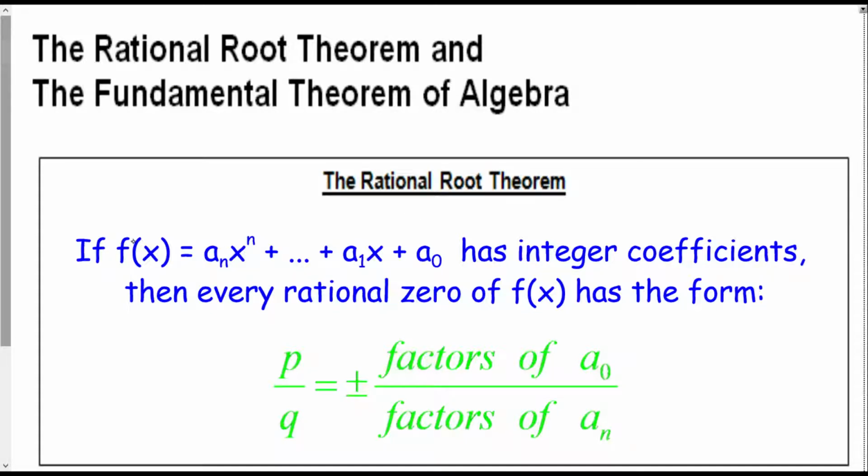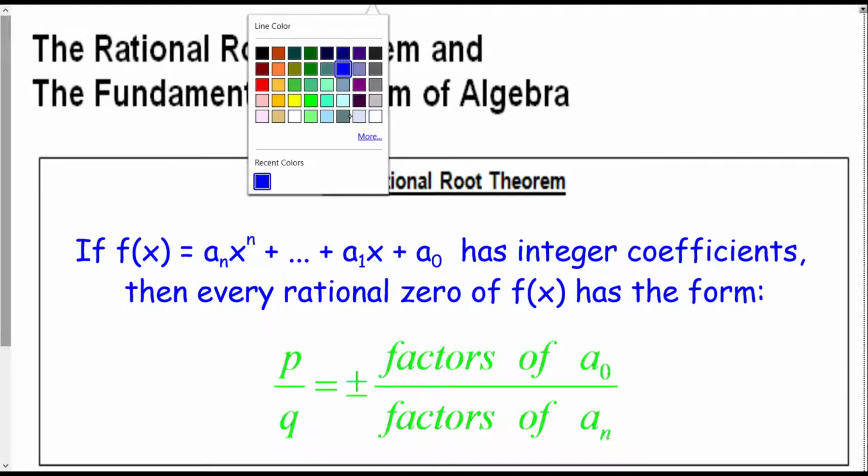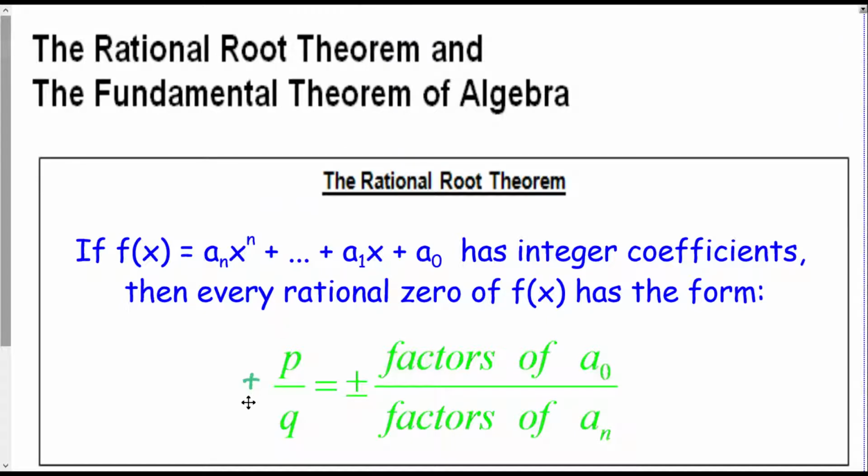So if a polynomial function, f of x, has integer coefficients, then every rational zero of the function has the form, and it's really plus or minus here, p over q. P represents all the factors of a sub 0, and q is all the factors of a sub n.